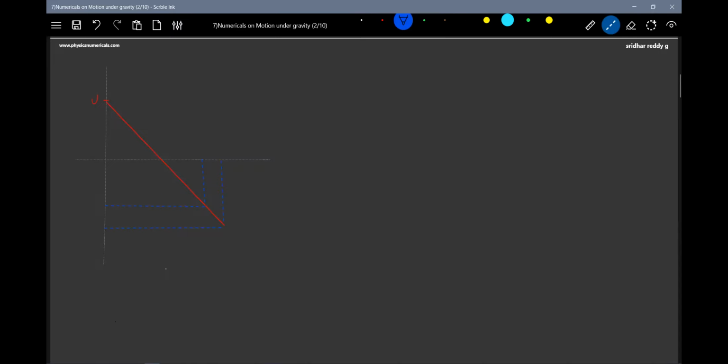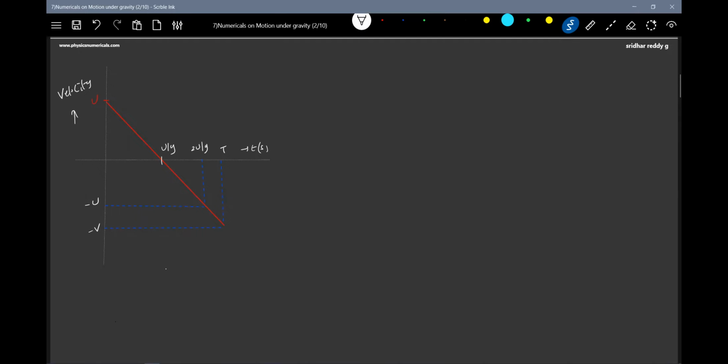These are sometimes very important for us, that's why I'm trying to. So this will be minus u. This will be minus v. This is what velocity. And what about this? u by g, 2u by g, and this is t. This is about the velocity versus time graph.